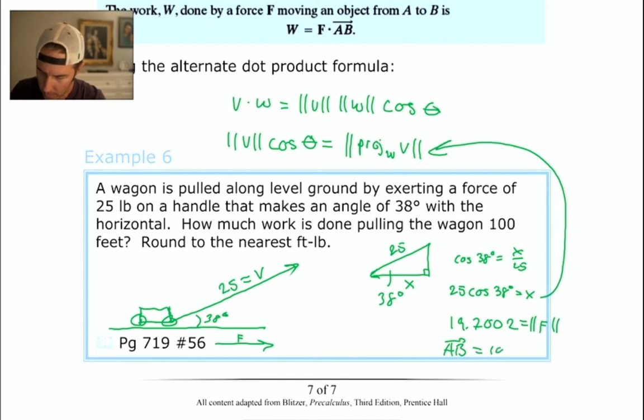AB equals 100, and so work, the amount of work done, is equal to 19.7002 times 100, and when we answer, we're supposed to be rounding to the nearest foot-pound, and so this will round to 1970.